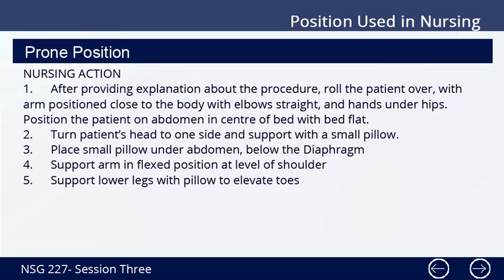Support arm in flexed position at level of shoulder. It reduces risk of shoulder dislocation. 5. Support lower legs with pillow to elevate toes. Prevent foot drop and external rotation of legs. Reduces pressure of mattress on toes.